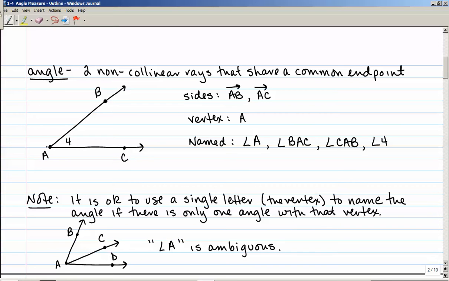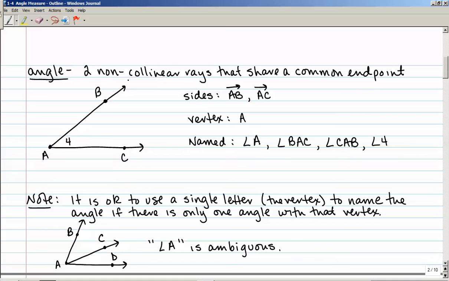Its vertex is point A, and that's always the letter in the middle. I can name this as angle A, that's the symbol for an angle, and you name the vertex. Or I could name it angle BAC, starting with B, going to A, and then out through C. Or I could name this angle CAB, starting at C, going to A, and then out through B.